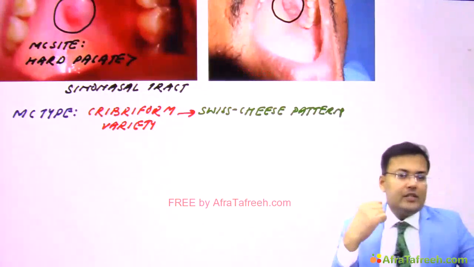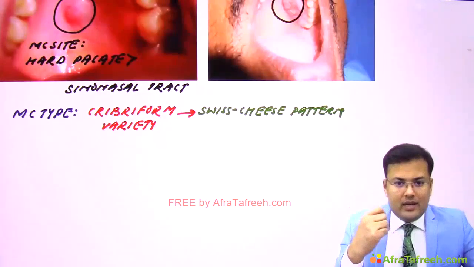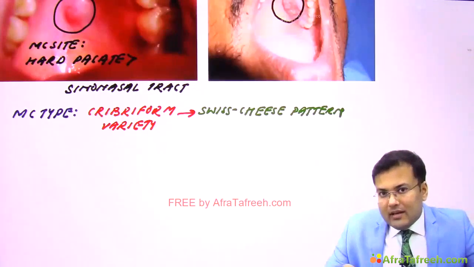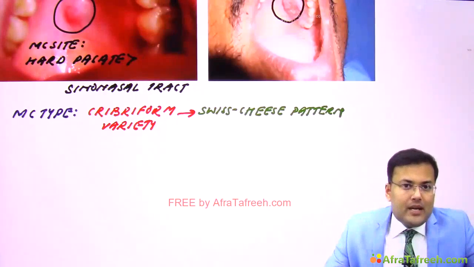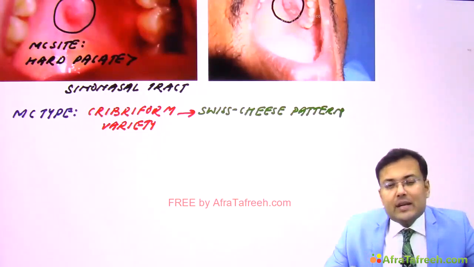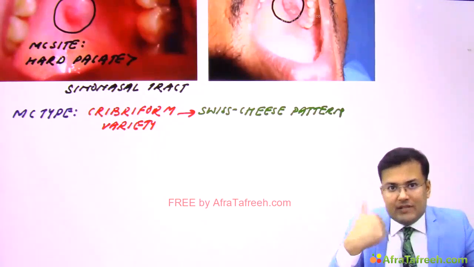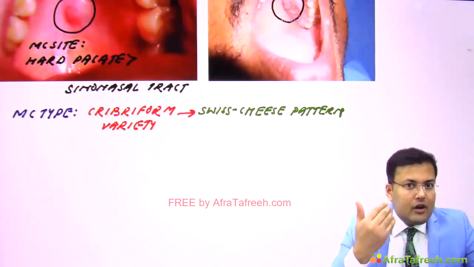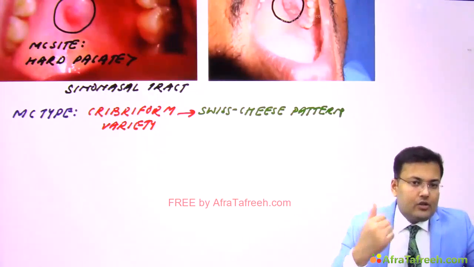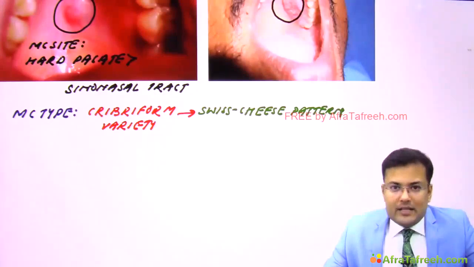What is the location of this tumor? Most common site is the hard palate, followed by the sinonasal tract. Clear? This tumor has the special property of perineural invasion, and it has skip lesions. If it has perineural invasion, what is the most commonly involved nerve? Obviously the facial nerve, followed by the trigeminal nerve.